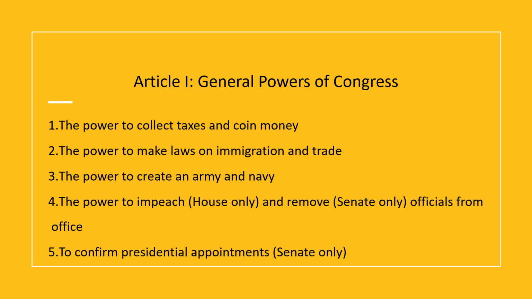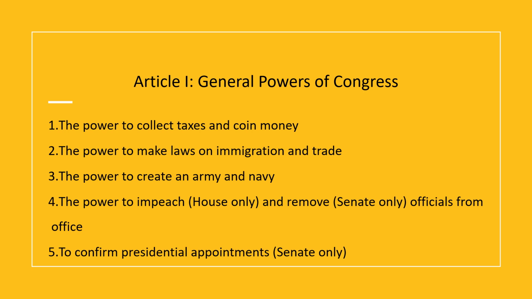So that means that Article 7 was used just one time. But Article 1 is used all the time. Article 1 represents what many people argue is the most powerful of the three branches of government.